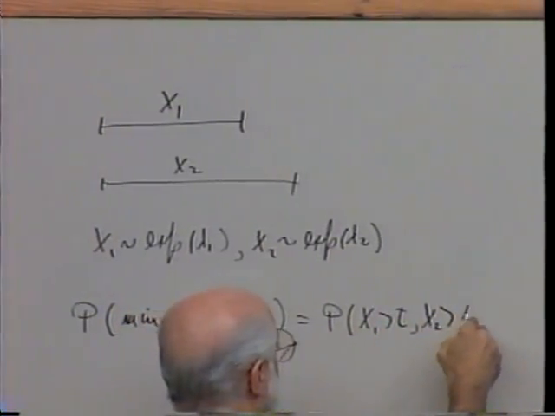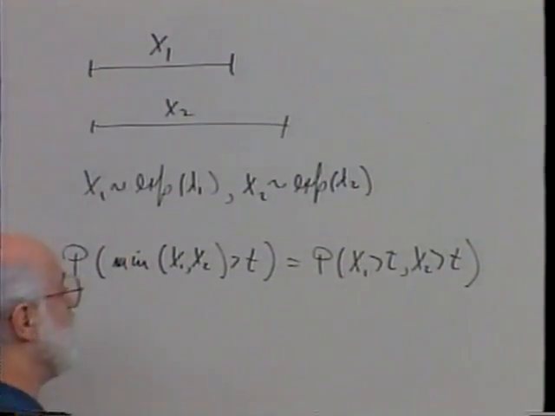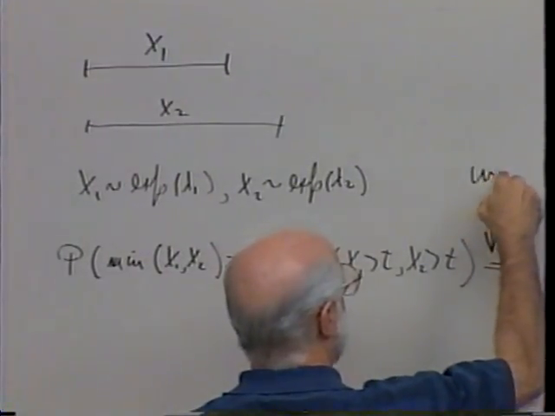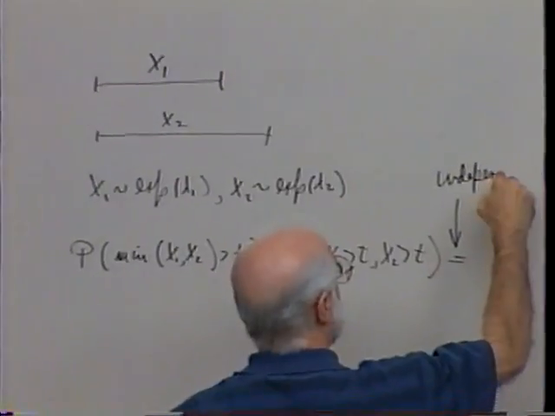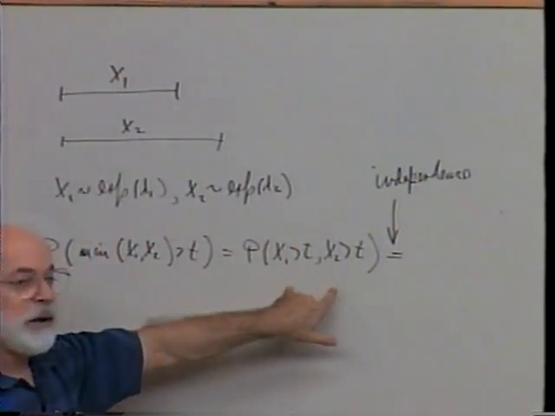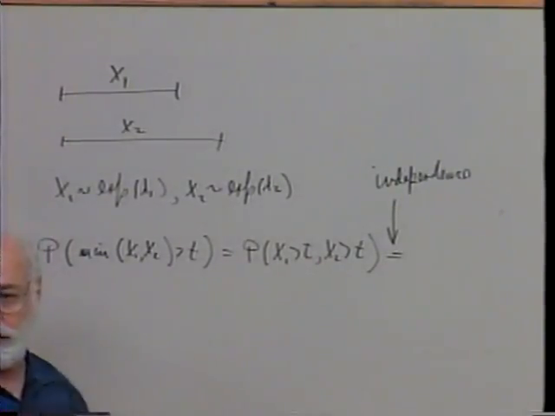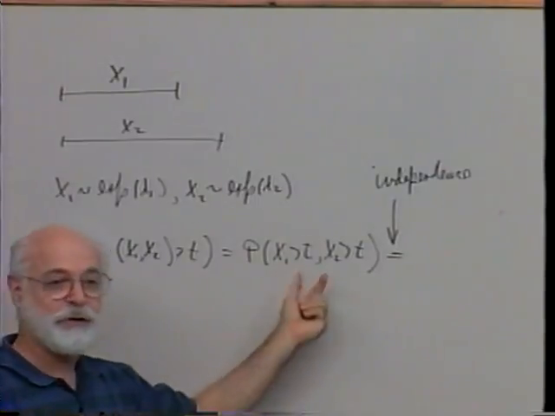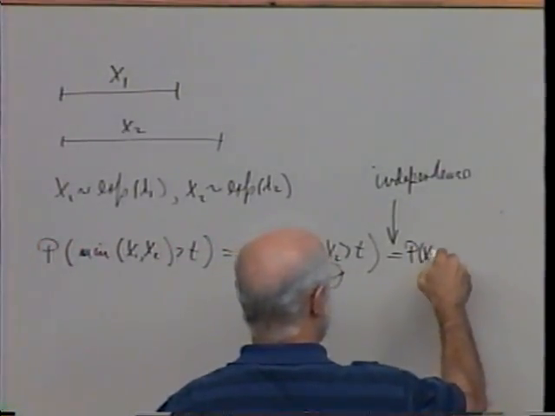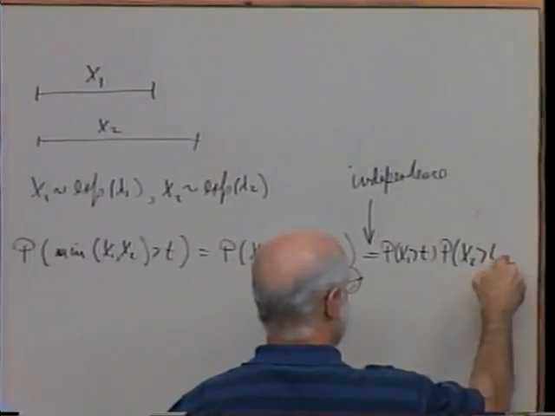So by ordinary logic, that probability is the same as this probability. But by the assumption of independence, the joint distribution factors into the product of the marginals. So this becomes the probability that x1 is greater than t times the probability that x2 is greater than t.